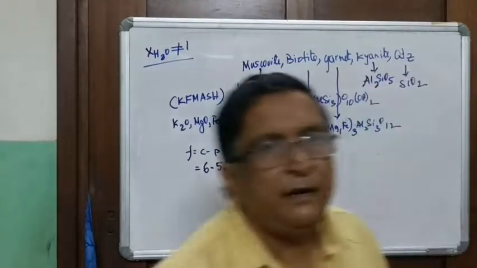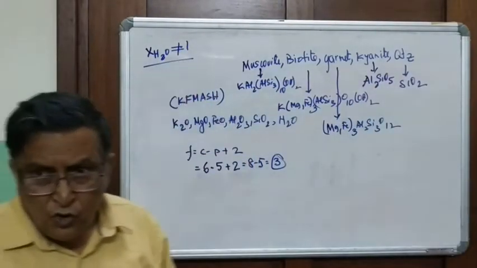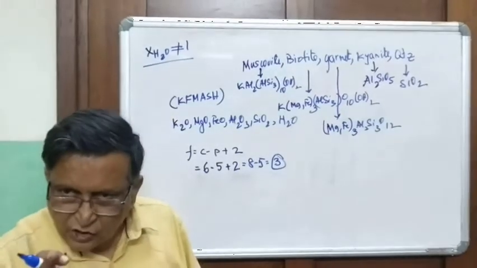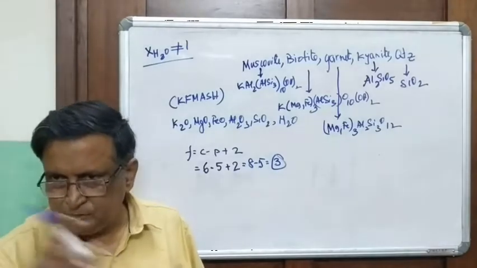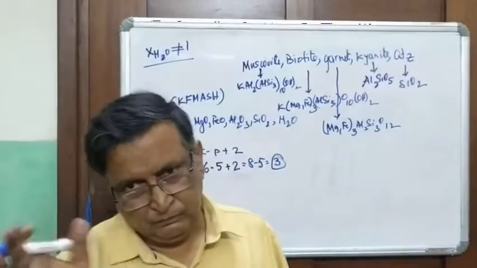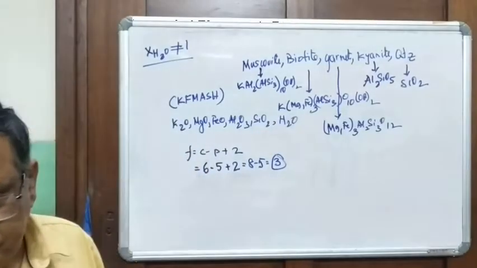That's very, very important to realize. XH2O is not equal to 1. It's a variable. H2O is a phase component which is variable. That is a very, very crucial thing.